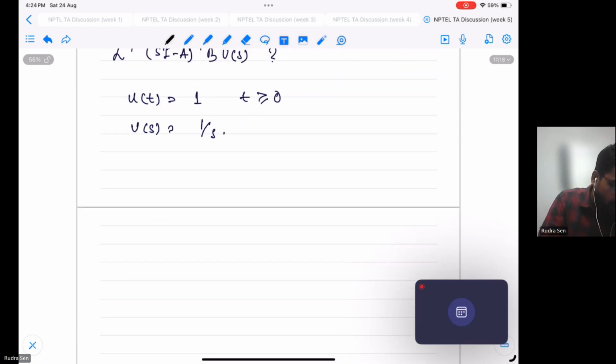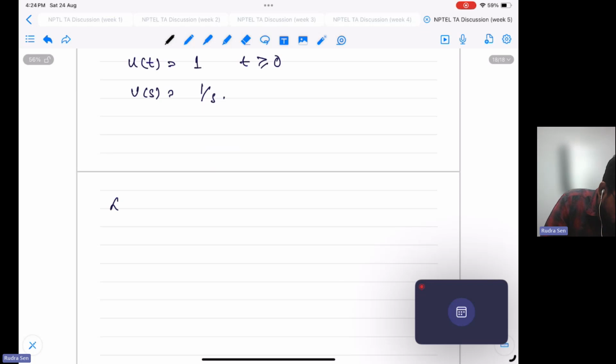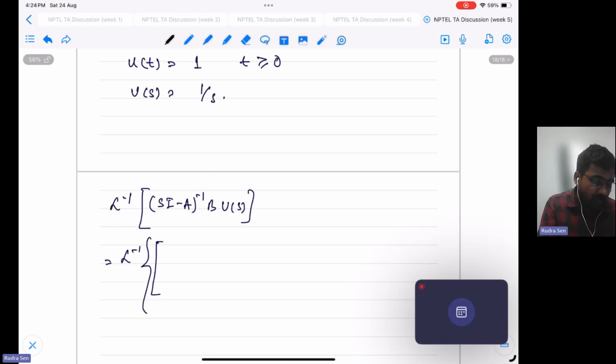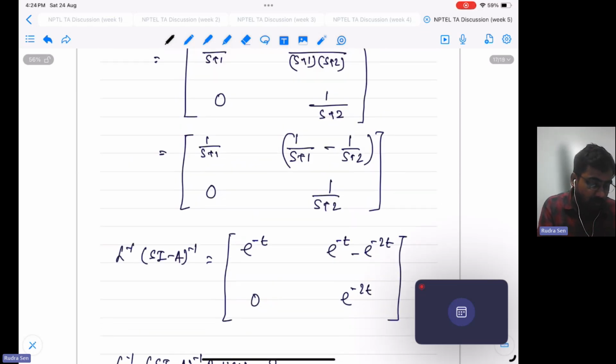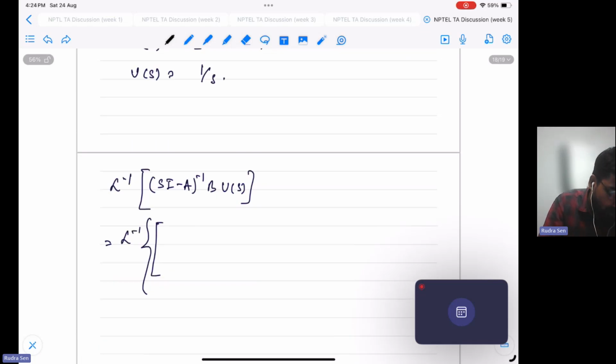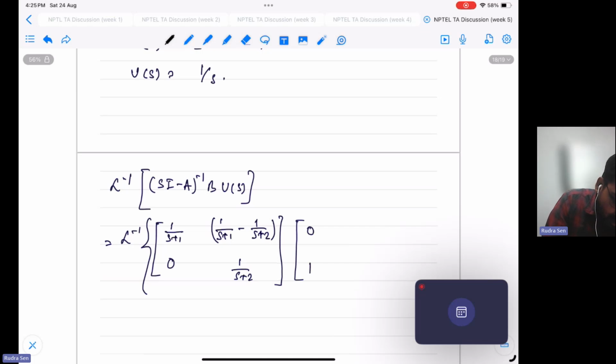So we need the Laplace inverse of (sI minus A) inverse into B into U(s), where (sI minus A) inverse is [1 by s plus 1, 0; 1 by s plus 1 minus 1 by s plus 2, 1 by s plus 2], B is [0, 1], into 1 by s.